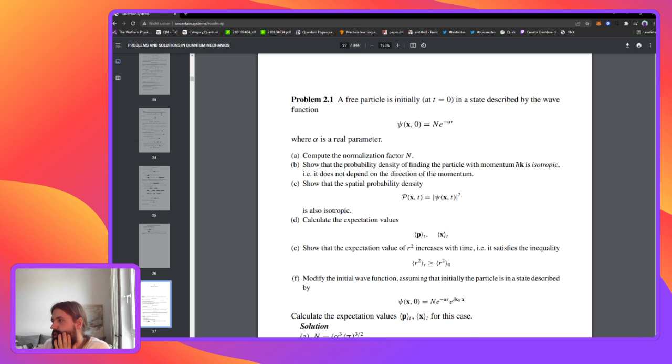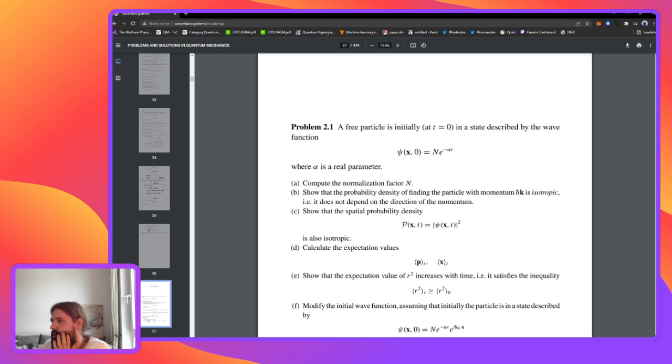But that doesn't seem like there's a lot new in here, other than me learning about the position and the momentum spaces, and why the inverse Fourier transform actually works as a way to translate between these two.